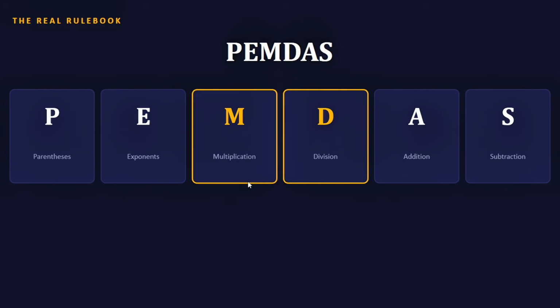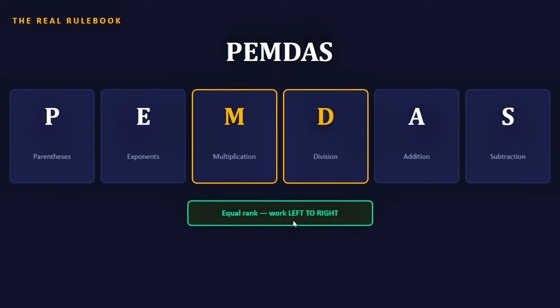The most dangerous misreading of PEMDAS is thinking that multiplication always comes before division. That is not true. They share a spot on the ladder. Multiplication and division are equals. When you have nothing left but multiplication and division, you do not perform multiplication first because of the letter M coming before D. You work from left to right, just like reading a sentence.